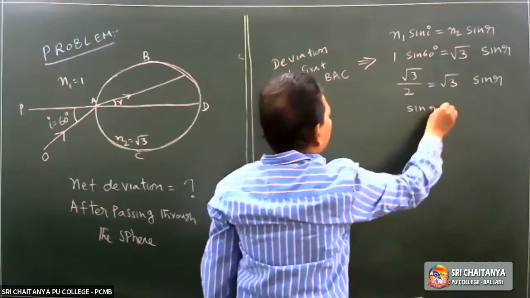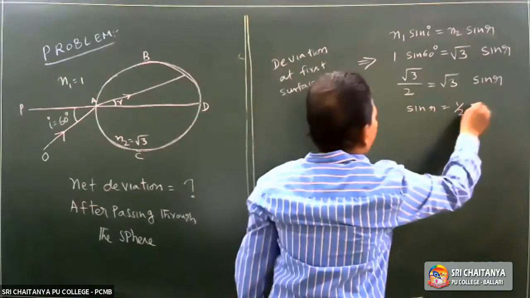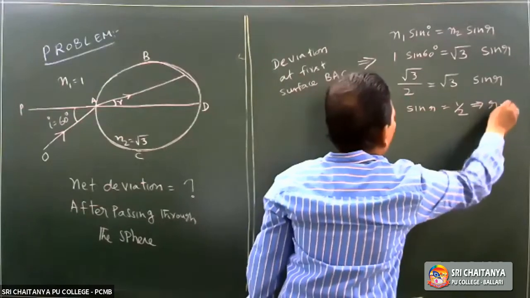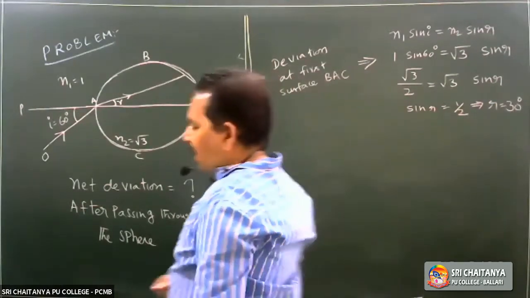Sin R is equal to 1 by 2. This implies R is equal to 30 degrees. I got the R value.